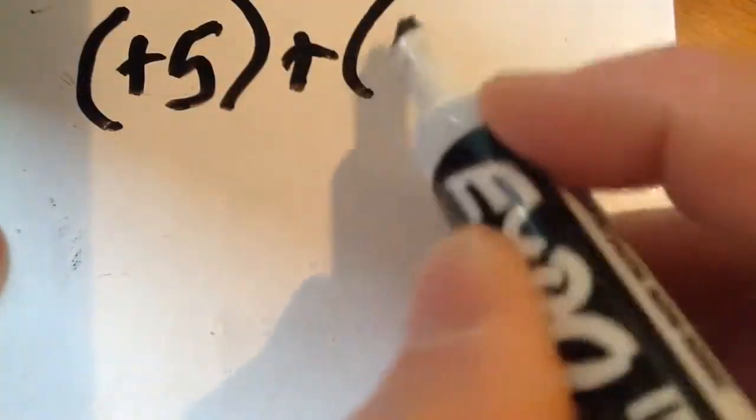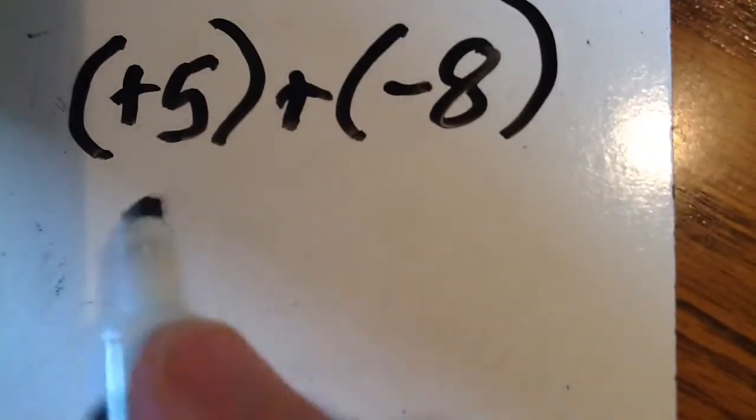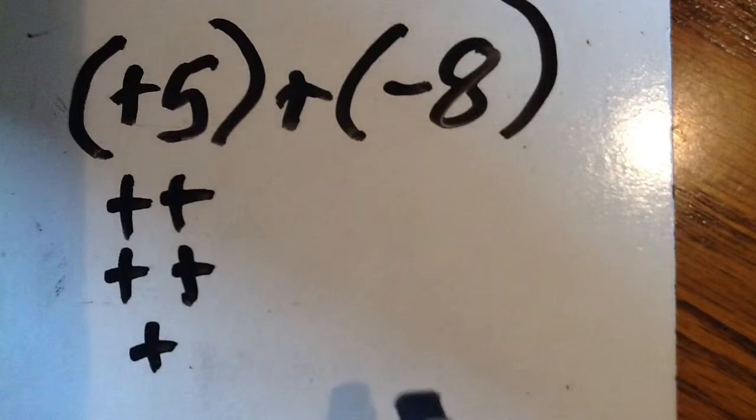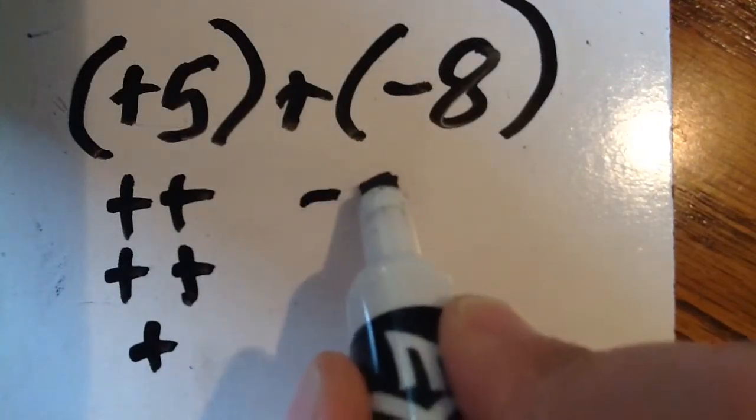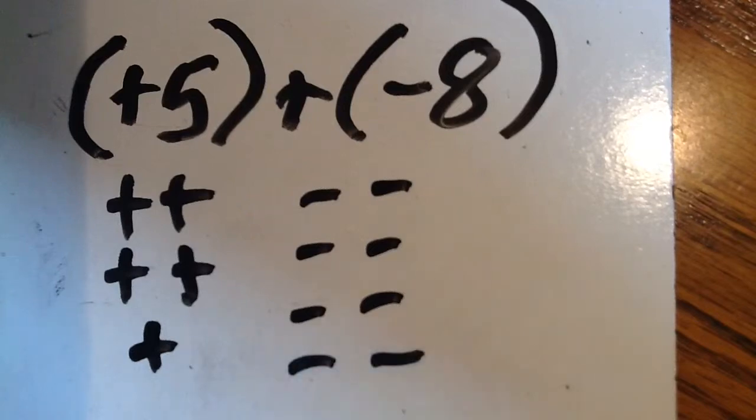One more example should set you in place there. How about we'll start with positive. How about +5 combined with -8? So you have 5 positives, 1, 2, 3, 4, 5, and you have 8 negatives, 1, 2, 3, 4, 5, 6, 7, 8.